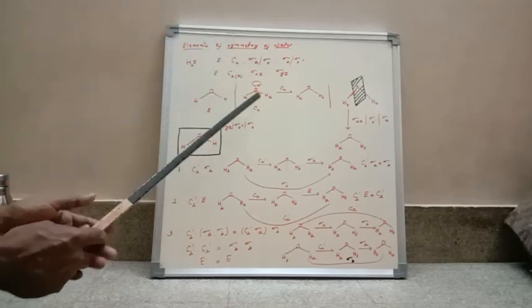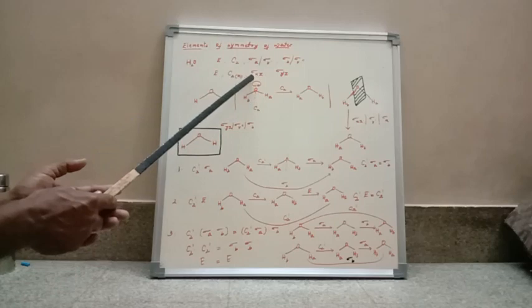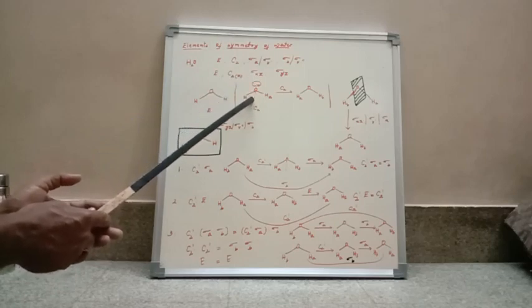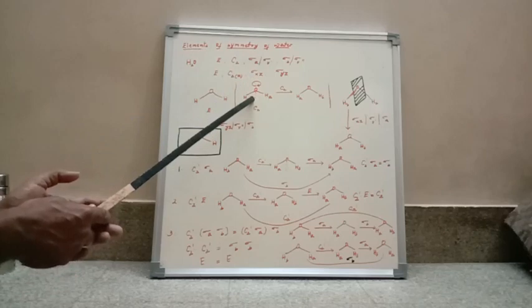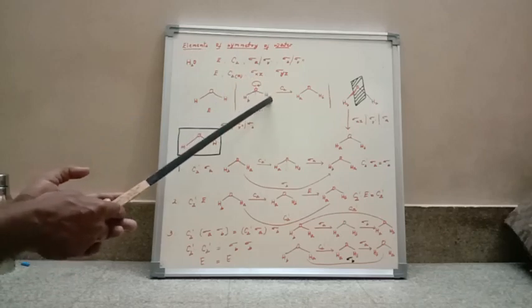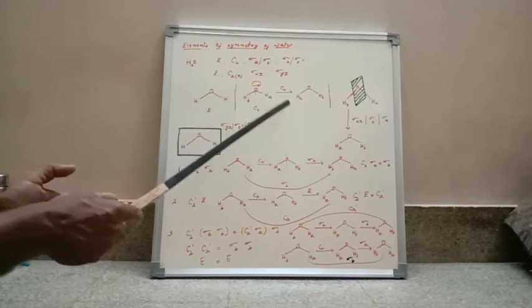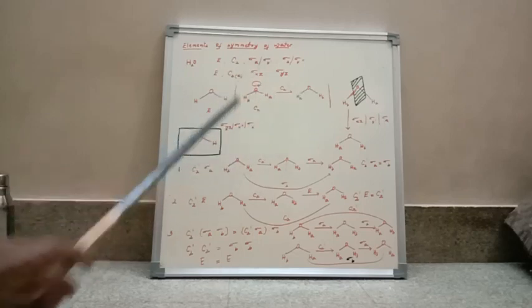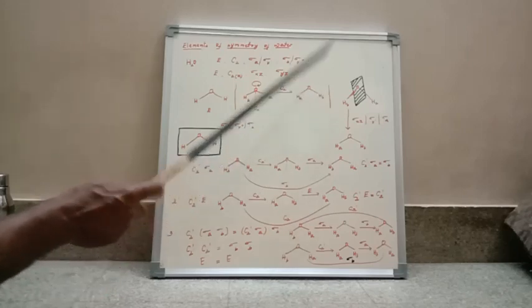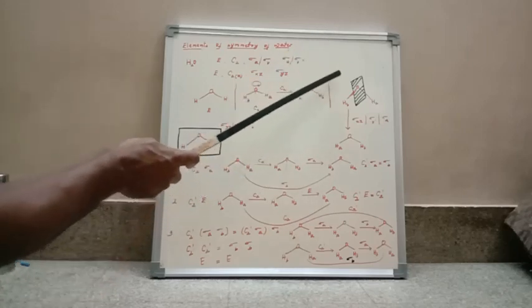And then the C2 axis, that is along this imaginary axis, I am shifting by an angle of 180 degree. If I shift by an angle of 180 degree, what happens? HA and HB will undergo interchange. That is, the positions of HA and HB will be interchanged. Okay. Next, one more plane exists.